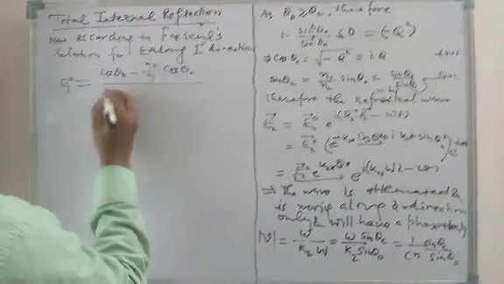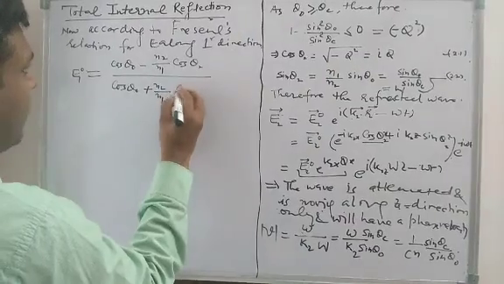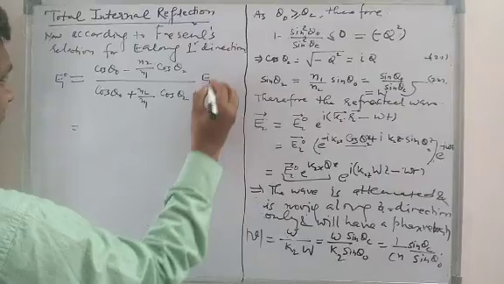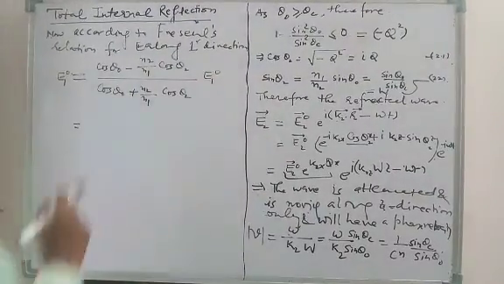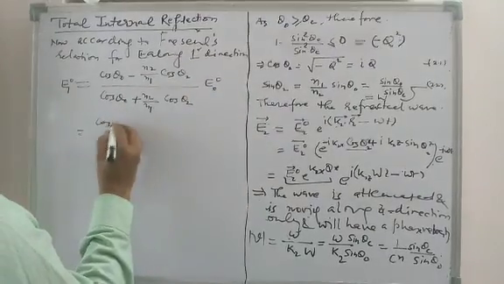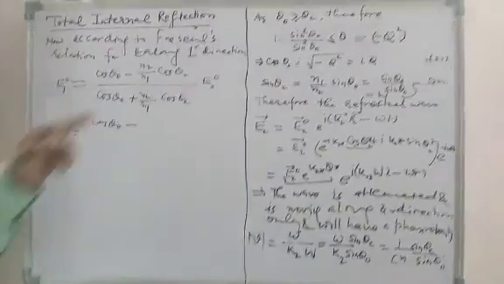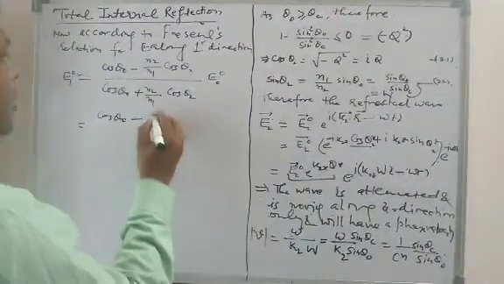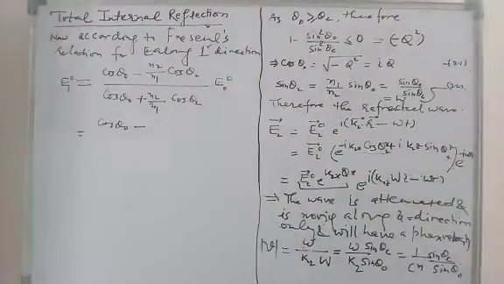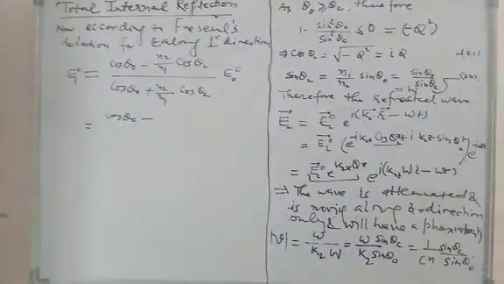So this was actually the first case for the oblique incidence. And then n2 by n1 cos theta 2. And then we had E1 naught. So now let's put the value of cos theta 0. So this is going to be cos theta 0. n2 by n1, what is this? n2 by n1, and cos theta was i times q.